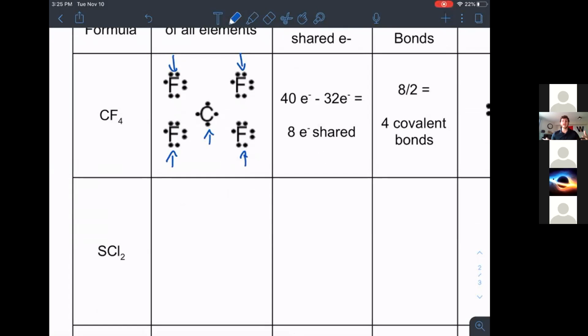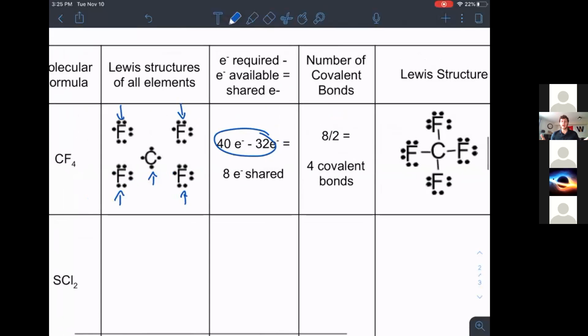That means there are 8 electrons that need to be shared between those 5 elements, because there are 8 electrons difference between the number we have and the number we need. So that means 8 of them have to be shared between 2 elements. And if 8 electrons need to be shared, that means there need to be a total of 4 bonds.